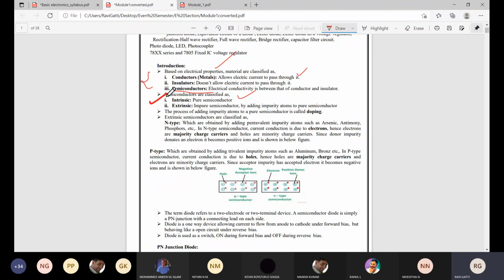Intrinsic semiconductors are pure semiconductors.